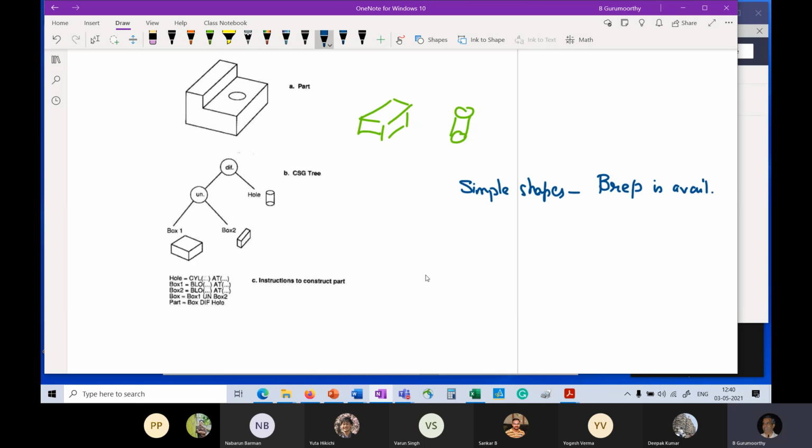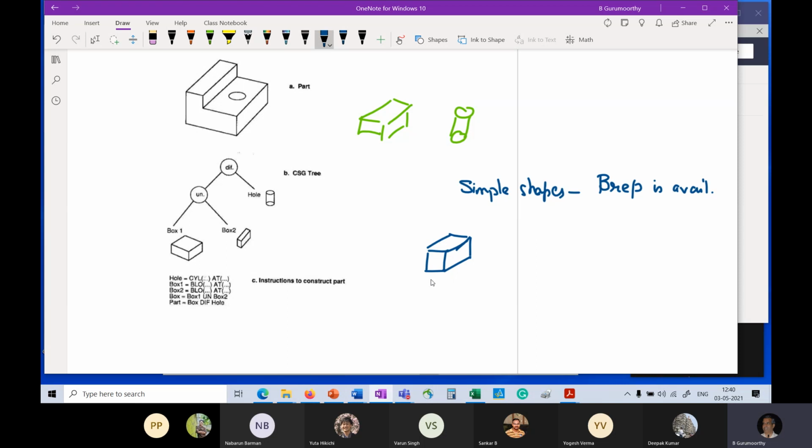And the way I can support that, or I can say that this is easy for us to do, is to define these primitives. So let me just draw this cuboid.